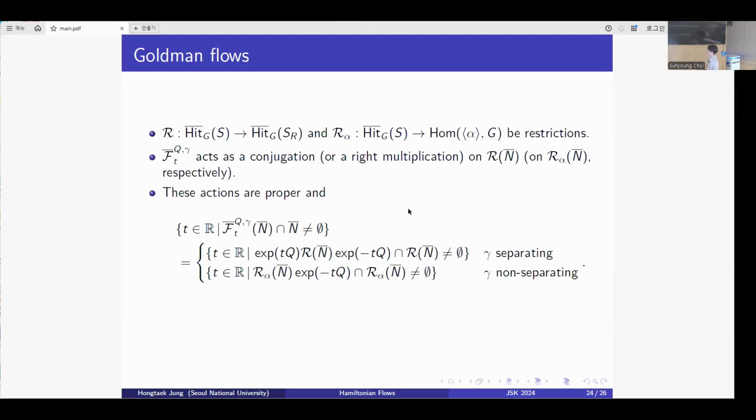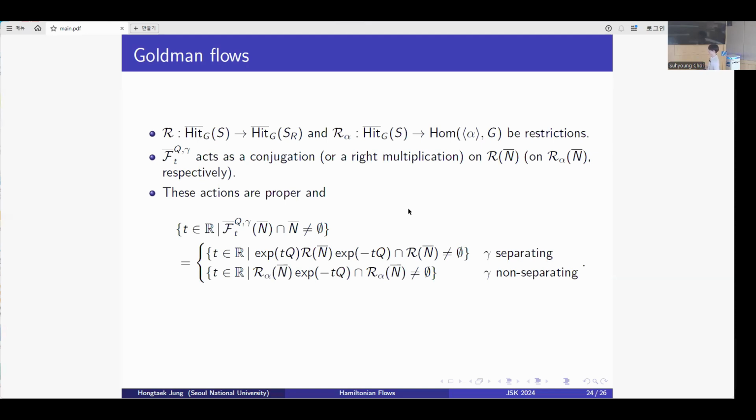The proof actually depends on whether your gamma is separating or non-separating. If your gamma is separating, what the Goldman flow does is just take the conjugation on one side, and this conjugation action is actually proper if your representation is in the Hitchin component. So that's why we have properness.